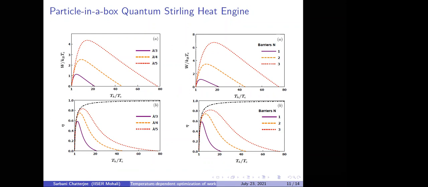So now let us consider the symmetrical insertion of multiple barriers into the box. For simplicity, let us start with the insertion of two barriers symmetrically into the box of length 2a. This will divide the box into three equal parts of length 2a by 3 each.